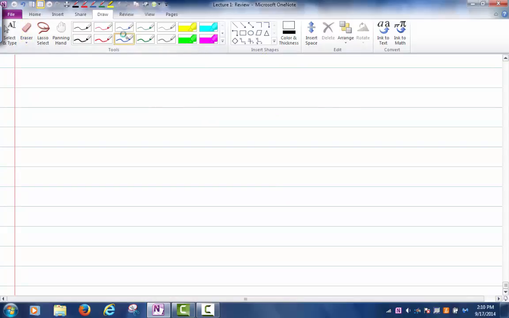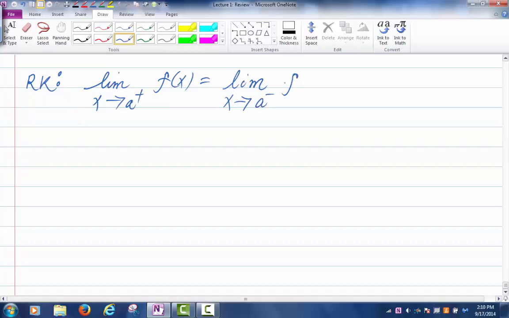Next, maybe I didn't write it down in this class, I did in the other class. The limit as x going to a from the right of f of x is equal to the limit as x going to a from the left of f of x if and only if the limit as x going to a of f of x is equal to L. I need to say is equal to L right here as well.